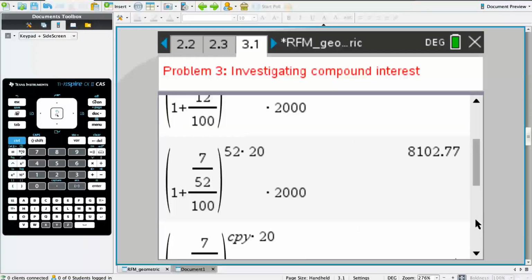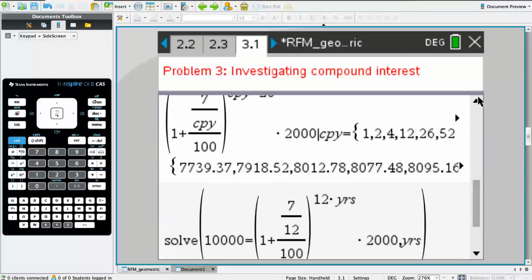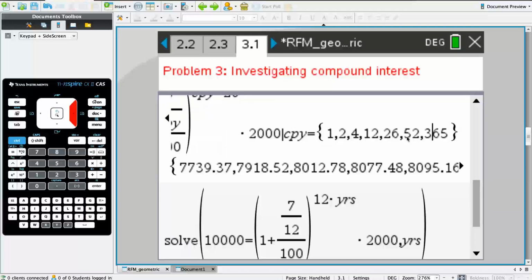Then you can enter the number of compounding periods a year, but a list of them rather than just one. So here I've entered 1, 2, 4, so yearly, half yearly, quarterly, monthly, fortnightly, weekly and daily. And you can see that the values at the end of that time period have been calculated for each of those compounding periods.